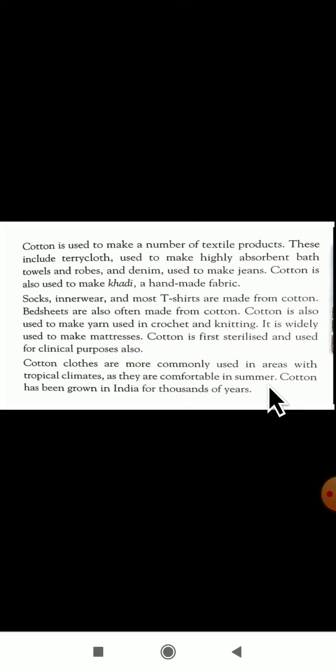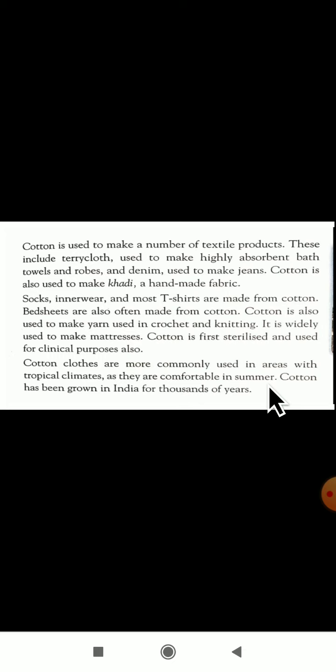So we wear cotton clothes in the summer season, not in the winter season. We wear woolen clothes in the winter season. Why only cotton clothes in the summer season? As cotton clothes will absorb sweat very easily. For that purpose we are using cotton clothes in the summer season. Cotton clothes are suitable for the summer season.